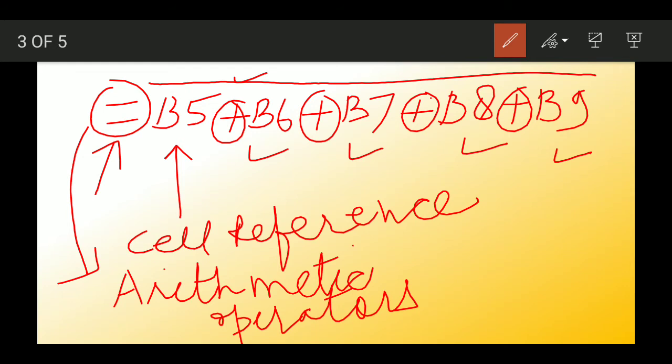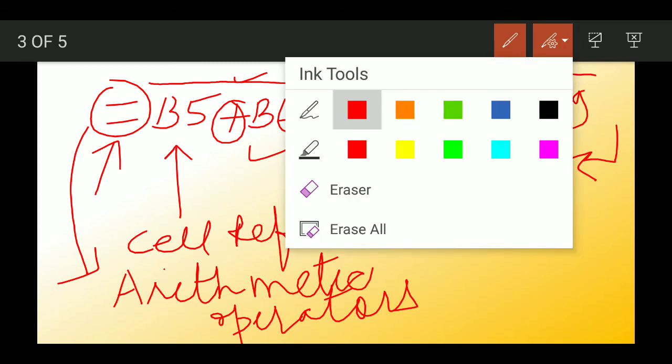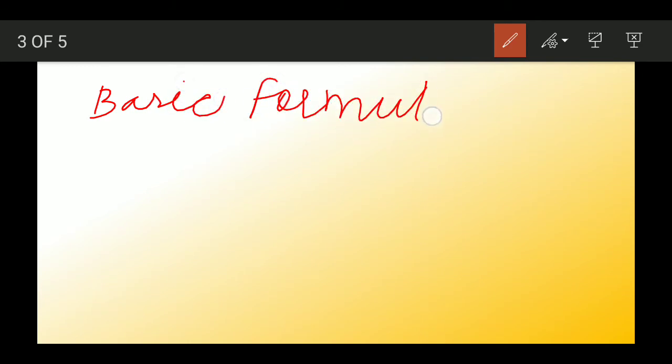When we press the enter key, we get the sum of the cell references from B5 to B9. In the same way, we can perform any calculation. This one is a simple calculation, hence it is called a simple formula. It is called a basic formula.